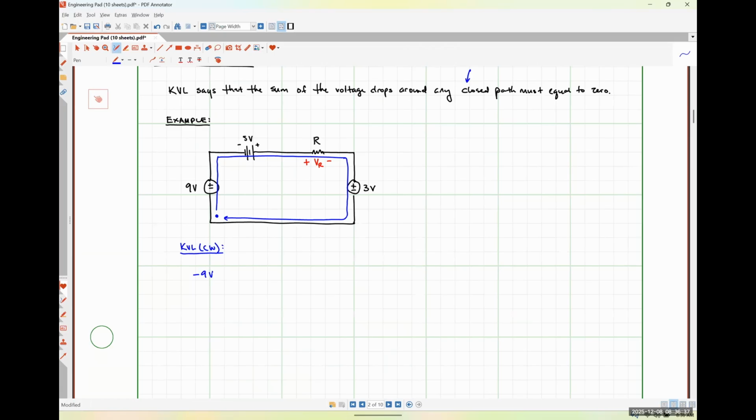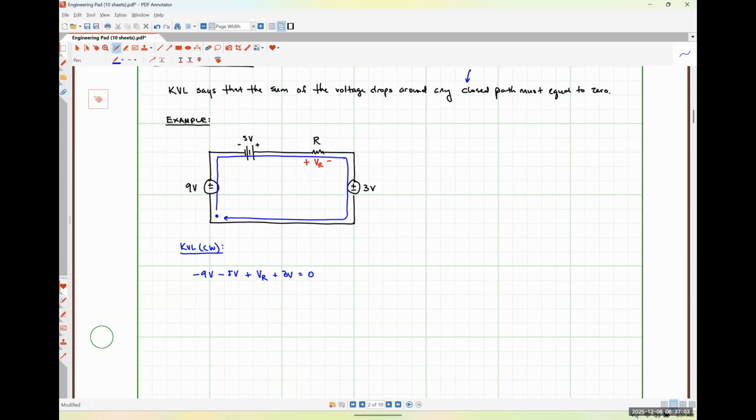Then the negative terminal of the 5-volt battery, so minus 5 volts. Then the positive terminal of VR, then the positive terminal of the 3-volt source. And now I'm back at the node I started from, so I set it all equal to 0.